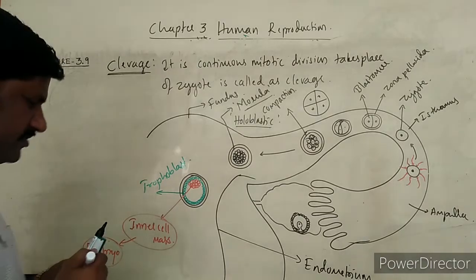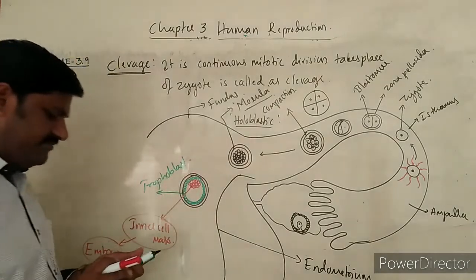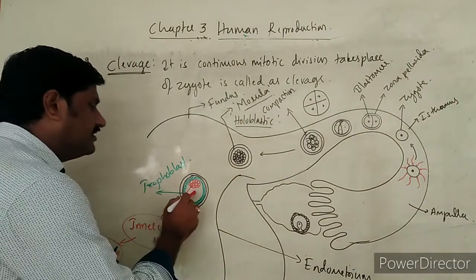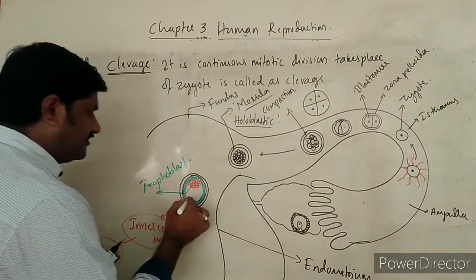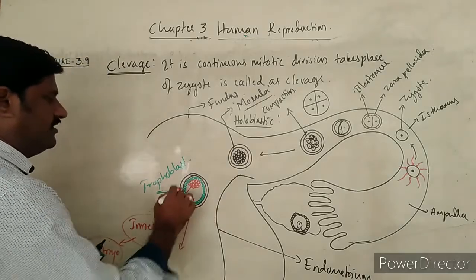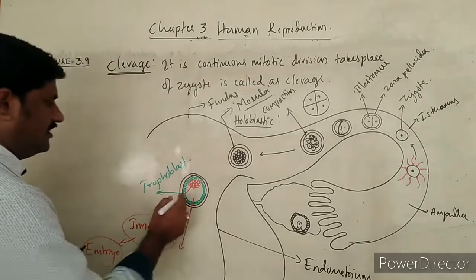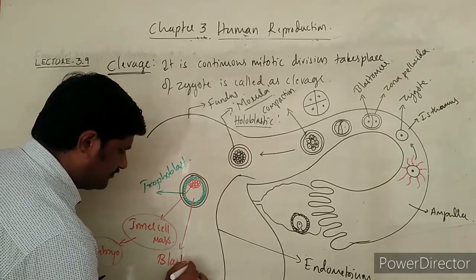Trophoblast and inner cell mass are formed, and there is a large cavity formed. This entire structure itself is called blastocyst, and the cavity is called blastocoel.